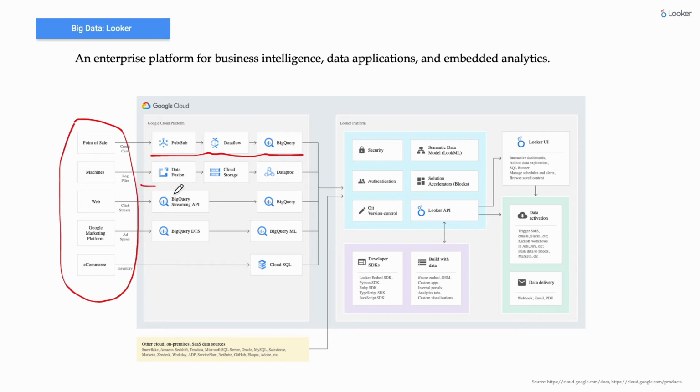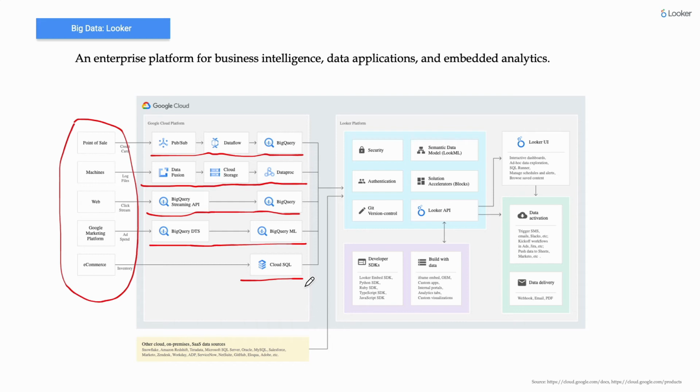Batches or long files, data files, Cloud Storage, Dataproc, and then it can go to other places. Web, you have a BigQuery streaming API, BigQuery, BigQuery Data Transfer, BigQuery ML, and Cloud SQL.